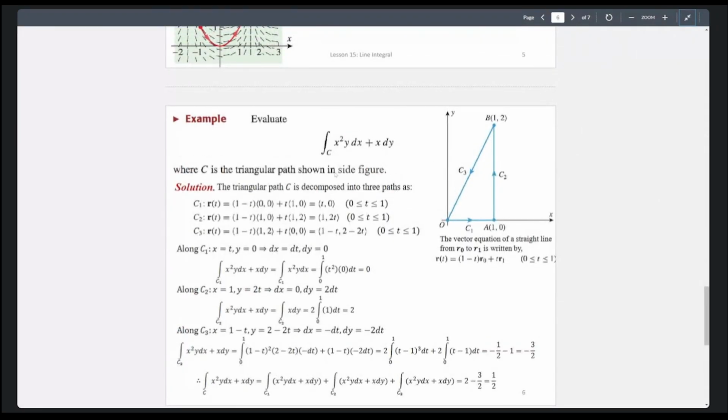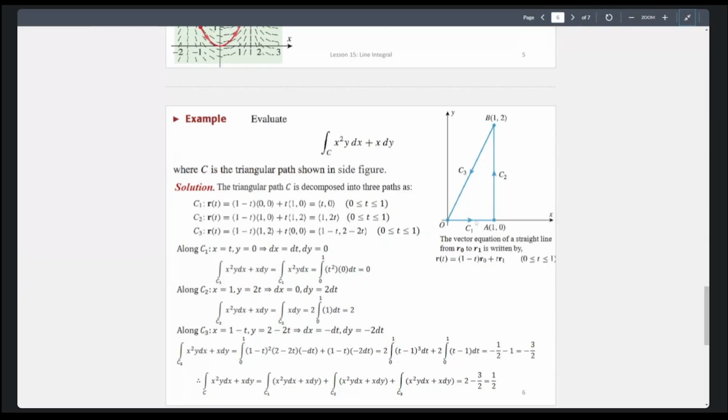You are requested to complete such a line integral along the edge of this triangle, along the lines of this triangle.